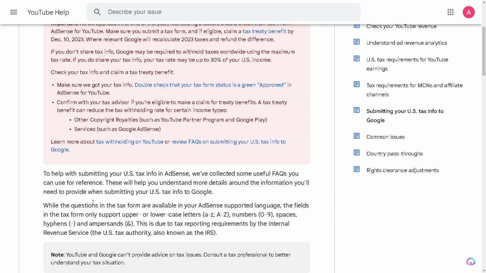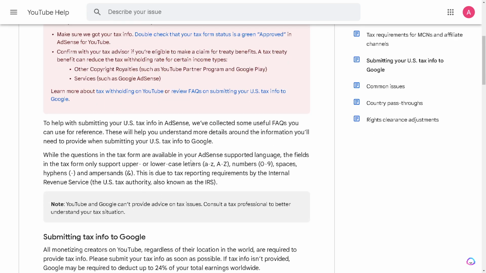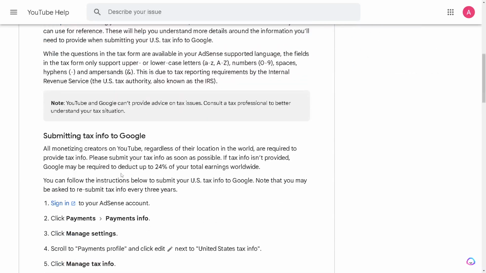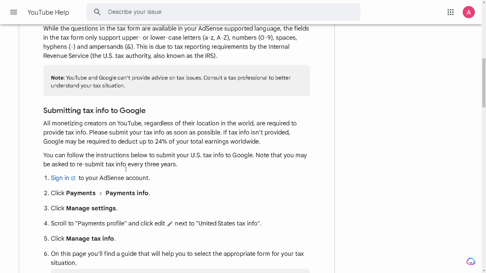Right now, to help with submitting your US tax info in AdSense, Google collected some useful FAQs you can use for reference, and this will help you understand more details around the information you'll need to provide when submitting your US tax info to Google. So here's how to submit tax info to Google. All monetizing creators on YouTube, regardless of their location in the world, are required to provide tax info.